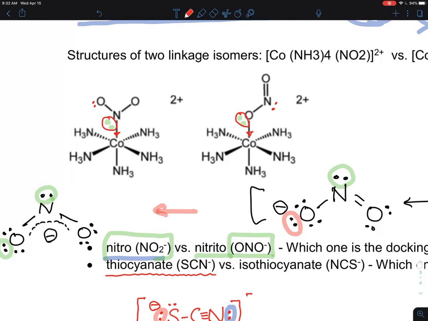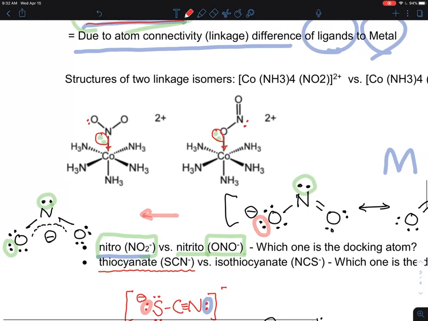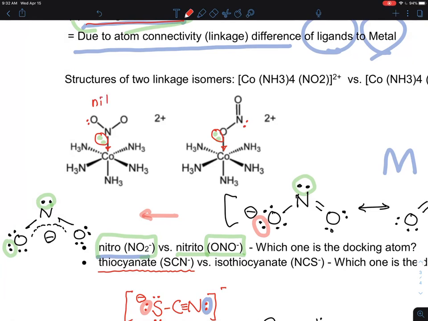So docking means linkage isomerism. And this one we call the nitro, which is more common. And this is some sort of cousin of the nitro, the nitrito, and this is less common.